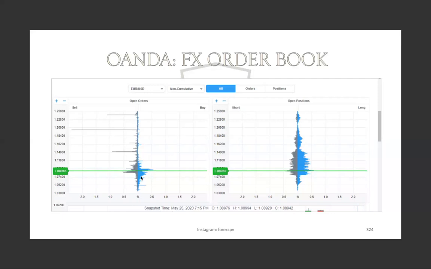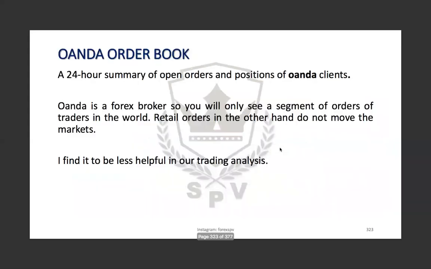These are open orders, so shorts are many, and here we have pendings. So you only see a segment of orders of all the traders in the world, like a segment that are only using Rwanda as a broker.